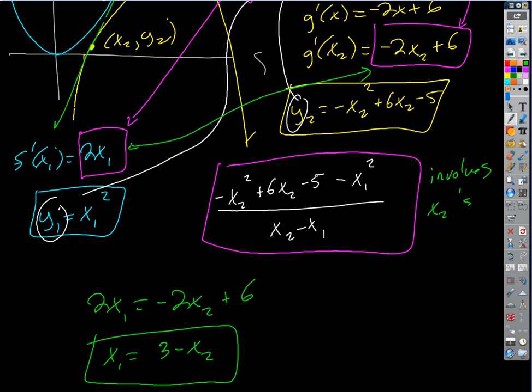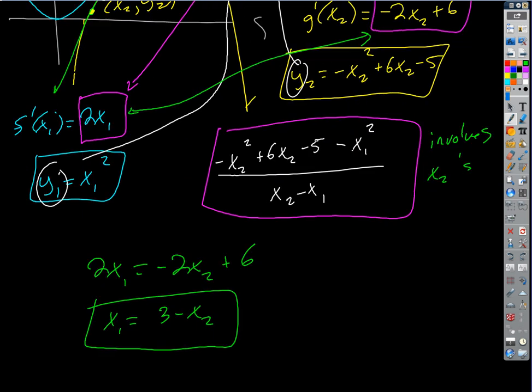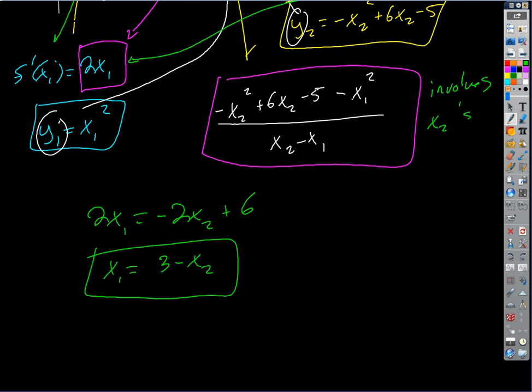So what happens if we make that jump then? If we make this substitution, we're going to let these x sub 1's become 3 minus x sub 2. So then let's carve out a new space down here.